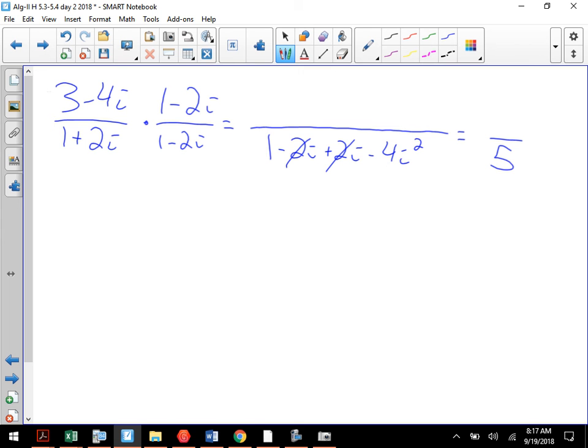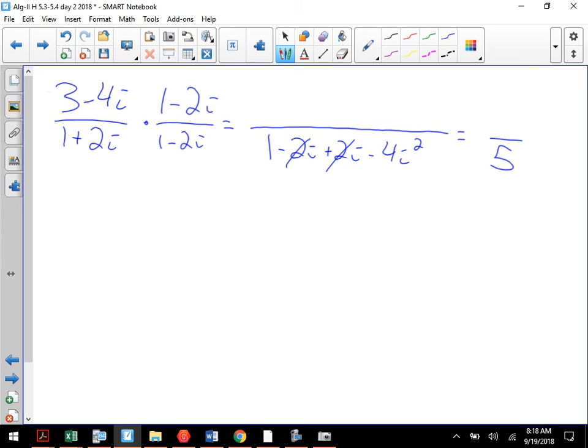Have you figured out the pattern yet? I'm talking, there's a pattern for the denominator. What is it? What's 1 squared?